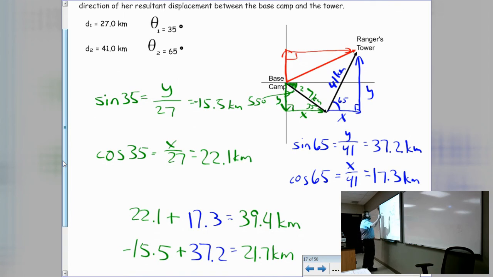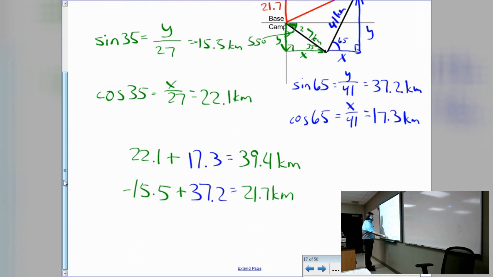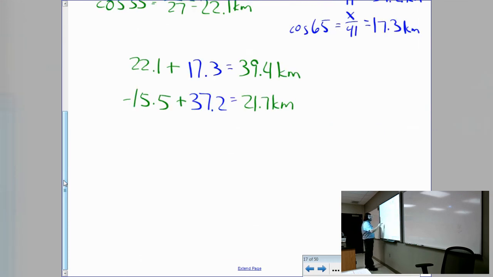So I'm going to put 21.7 on my red triangle up here on the top, and 39.4 is my x component. And now you can see I have the two sides, my x value and my y value, for my resultant triangle, the red triangle. And now I just need to solve for the magnitude of the red triangle, in which case I can solve for the magnitude by using the Pythagorean theorem.